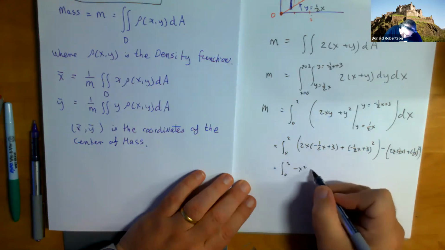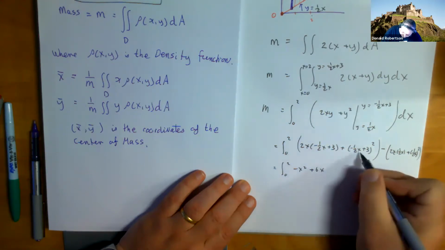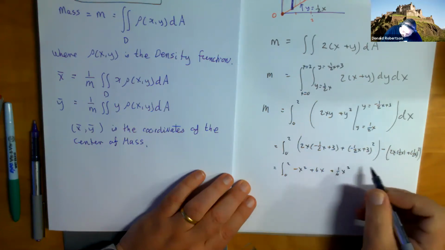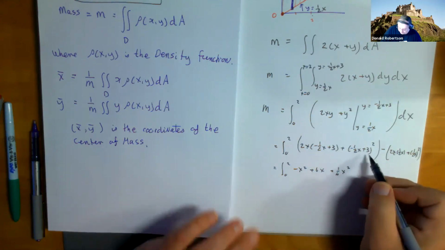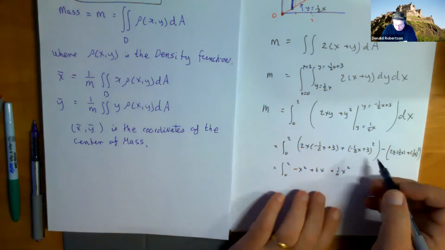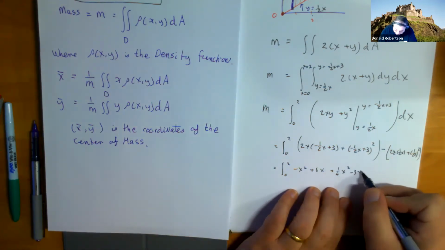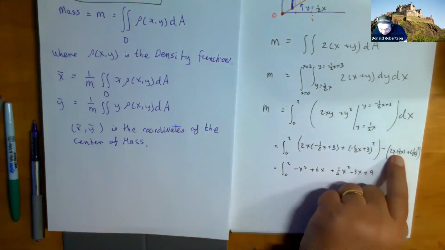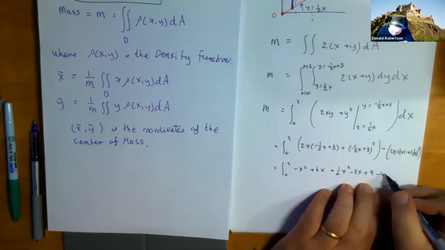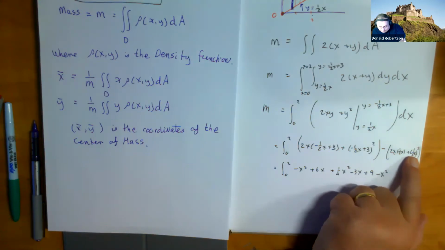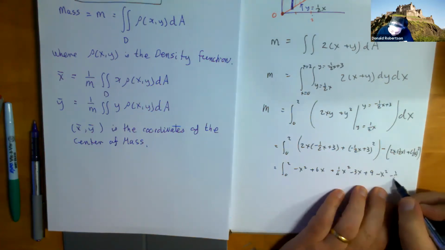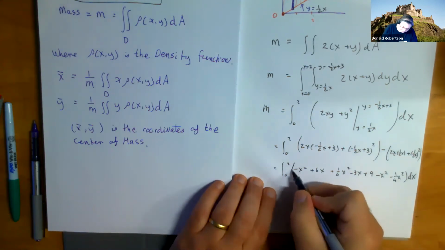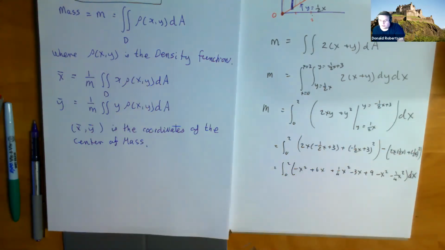That times that gets me plus 6x. This guy gets me 1/4 x squared minus, what's that, 3/2. Take another -3/2, which I believe is -3x plus 9. That guy times that guy gets you x squared, so I'll subtract it. That guy gets me 1/4 x squared, so I shall subtract it. And we have that guy.